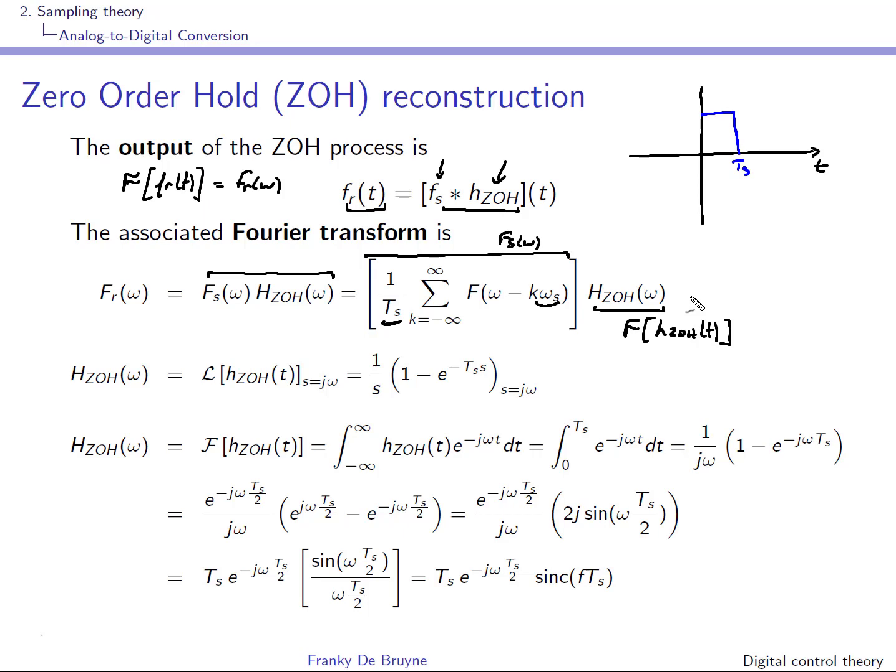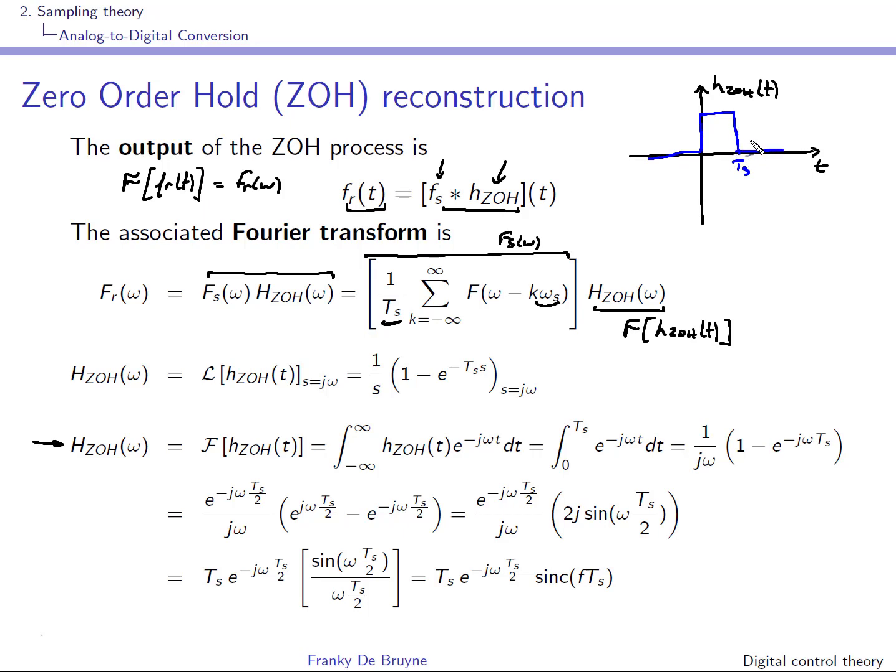So what we need over here is to compute the Fourier transform. You can do this using the definition. This is what is done over here, but you can also remember that this signal here, which is the impulse response, has finite support. I should complete it and write it like this.